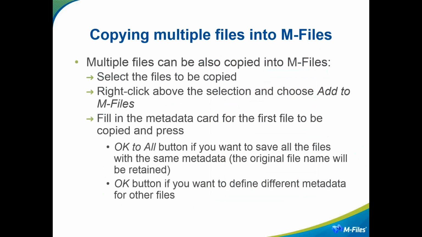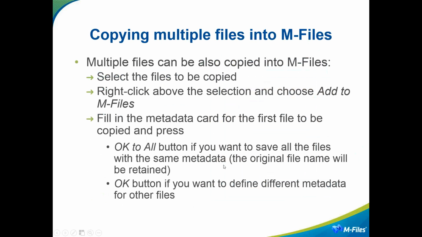Okay, we're going to skip through these exercises just because that's some of what we're going to do in the software live. And everything that I was just saying about getting an individual file into M-Files, you can also do with multiple files. So if you had 2, 3, or 100 files that you wanted to move to M-Files at the same time, you could just drag and drop those, specify some metadata, and then it will ask you if you want to say OK to all or just OK.